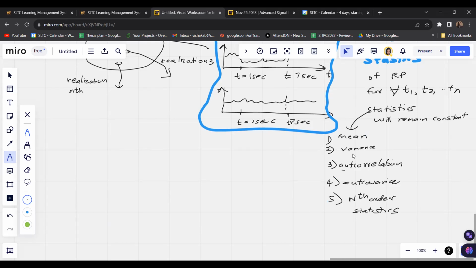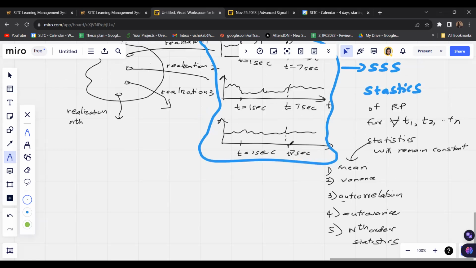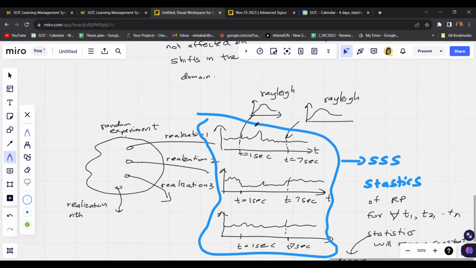in this sequence. For each time instance, let's say t equals 1 second, t equals 7 seconds, t equals 100 seconds, t equals 1000 seconds, for all the time instances, the statistics defined on those time instances will be the same. Which means that the PDF will be the same for all the time instances.